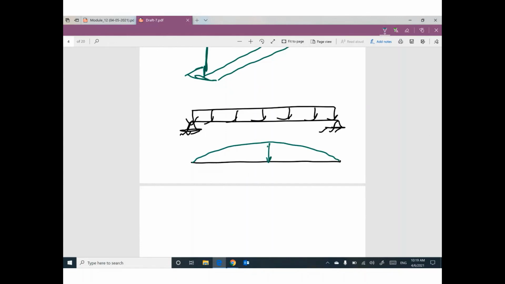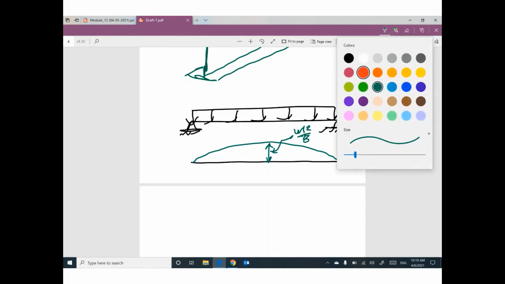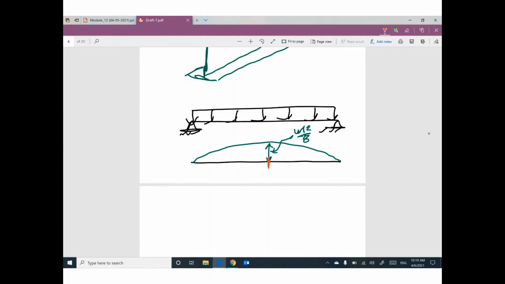The maximum value equals WL squared divided by 8. That's right? Okay, we have a section here with maximum moment, and this point with zero moment. Between this section and this section, we need a number of shear connectors equal to this value.